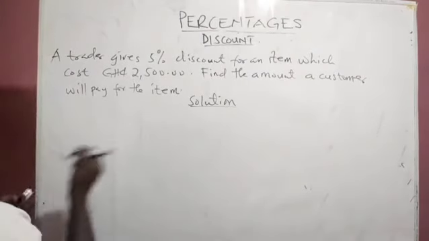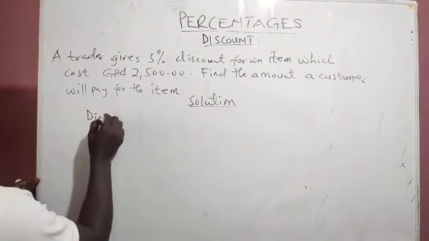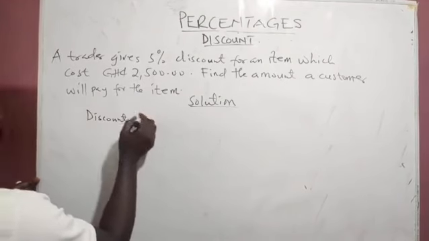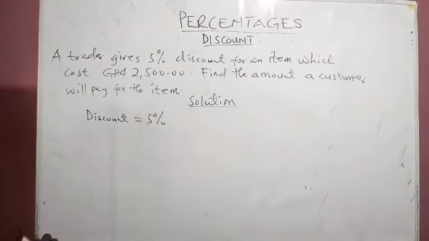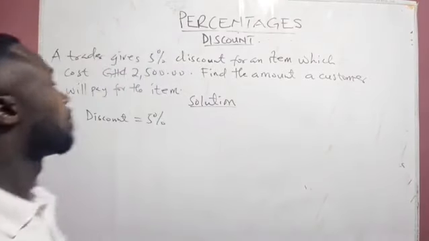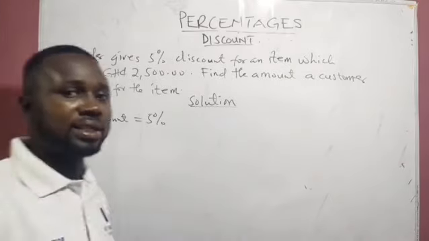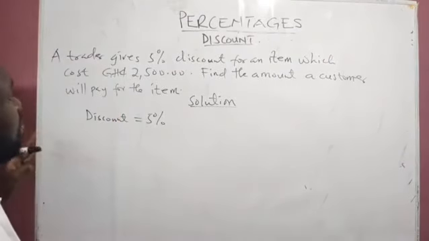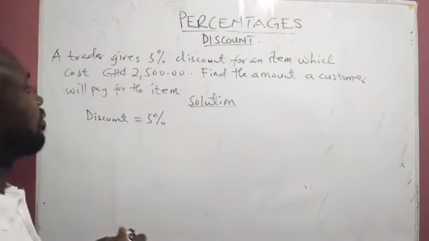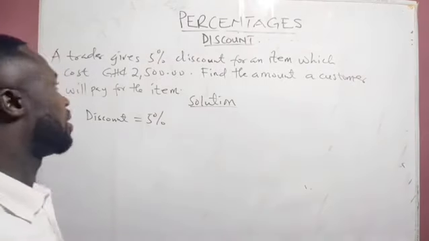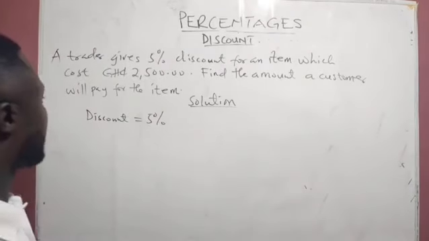Okay, so the discount is 5%. If the discount is 5%, then, because discount is the reduction in the price, the amount one is going to pay will no longer be what? The 100%, because this 2,500 is the cost of the item, which corresponds to 100%.